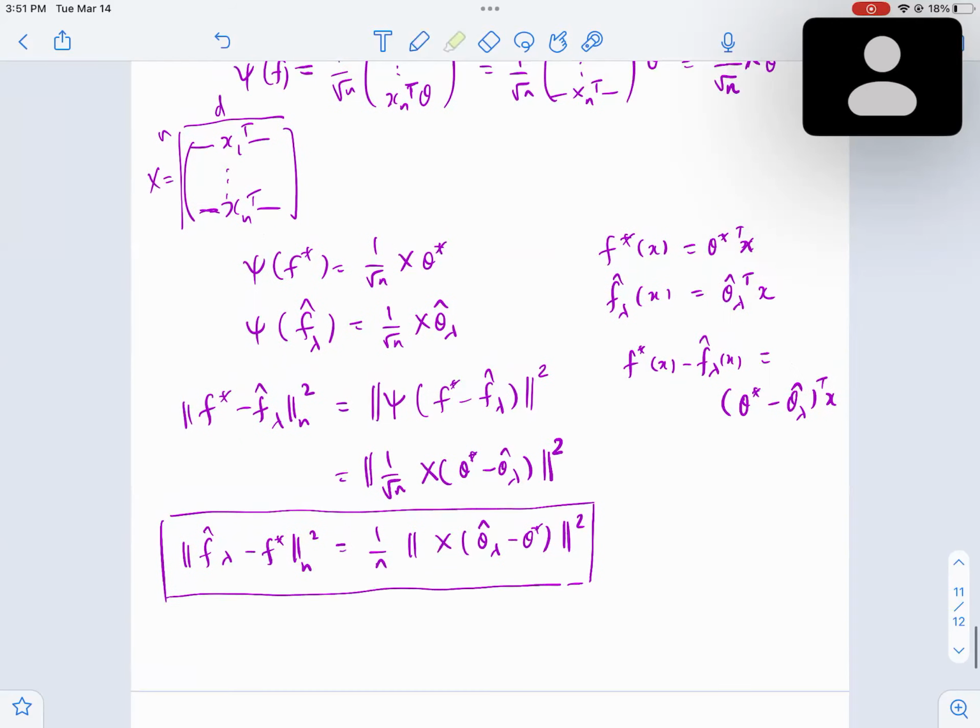Another way of looking at things is that this is just the samples of the function, the estimated function at points 1 over n, and then rescale. This is really x lambda hat. So really what I need to study is this part.